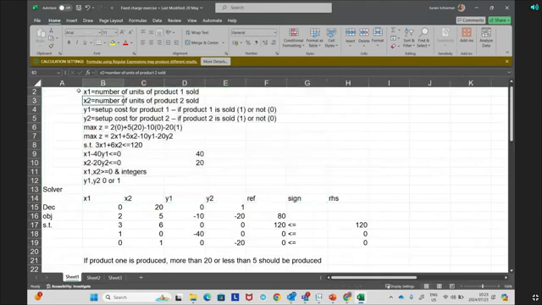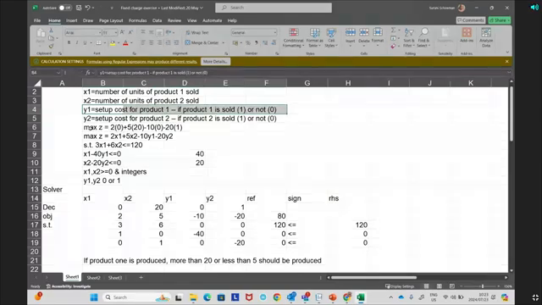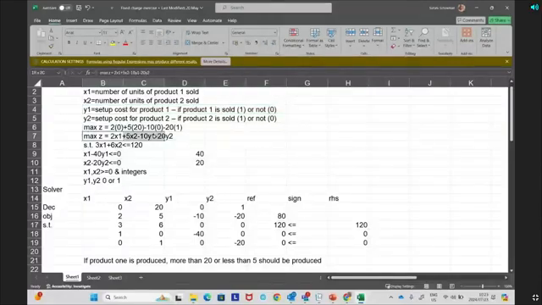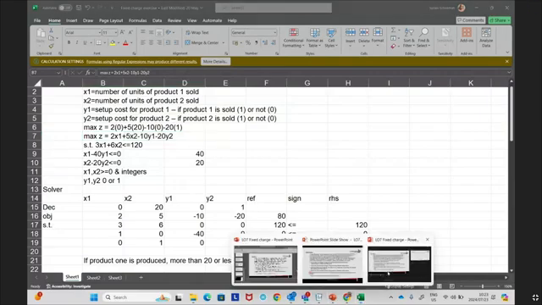So it's a normal setup: you're going to have X variables, which is the amount of that product that's being sold, and your Y variables, which is the setup cost for that product, which is either going to be paid or not, depending on whether the product is produced or not. Then you had your objective function in terms of the actual, what was it?